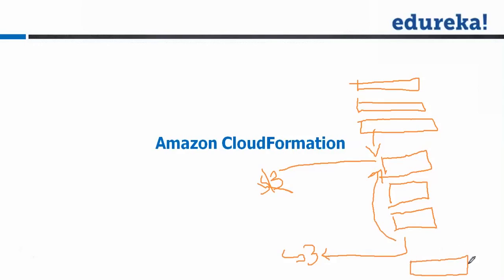Then it will create an elastic load balancer and give you the URL. All these steps you are doing every time.